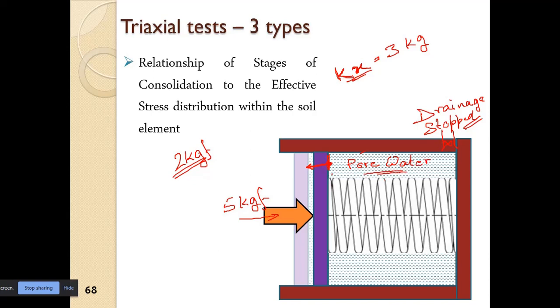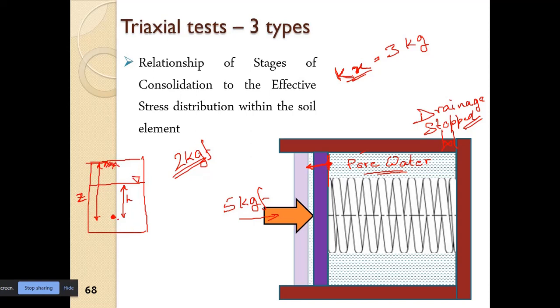So this is basically a state we have seen in the previous classes. If we have a soil element at a particular depth, and we have a water table at a particular depth, so this is the depth of the water table H, and this is the depth of the point from the surface, where this is the surface and this is the water table.